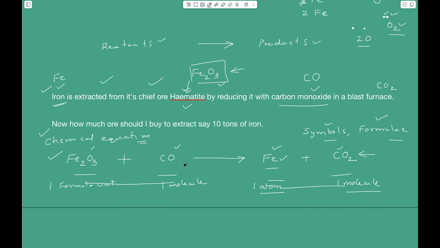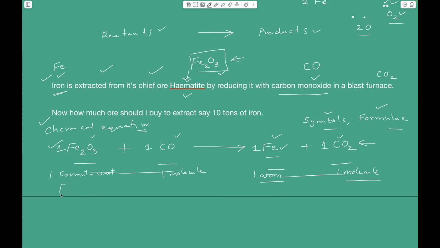Now let us use this knowledge to read this equation again. If there is no number before a formula or a symbol, that means there is a 1 there, right? So let us explicitly show that number for the sake of our discussion. Now this means one formula unit or chemical unit of ferric oxide reacts with one chemical unit of carbon monoxide to form one chemical unit of iron and one chemical unit of carbon dioxide.